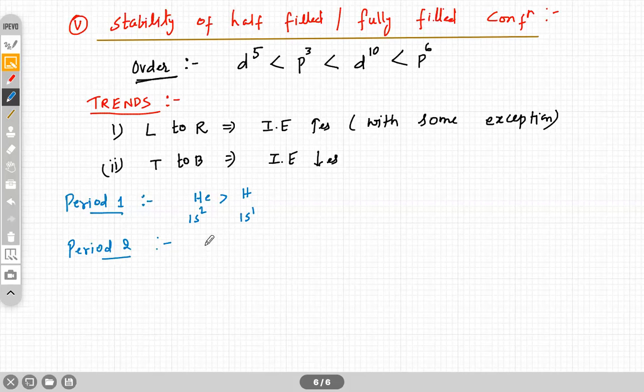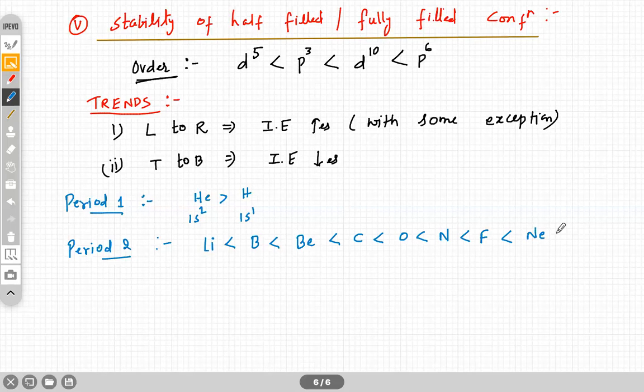the order is, we have lithium minimum, then boron, then beryllium, then carbon, oxygen, nitrogen, fluorine, and then we have neon.